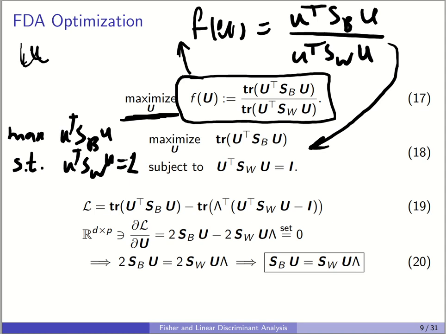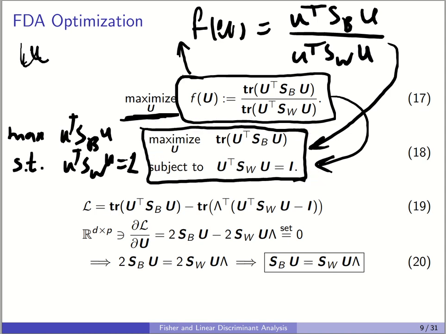The proof can be found in our tutorial paper on FDA. However, here, as we have several projection directions, we can say with a good approximation that this is approximately equivalent to this. We maximize the numerator while the denominator is equal to a constant, here I, for example, the identity matrix. And we want to solve this optimization problem.